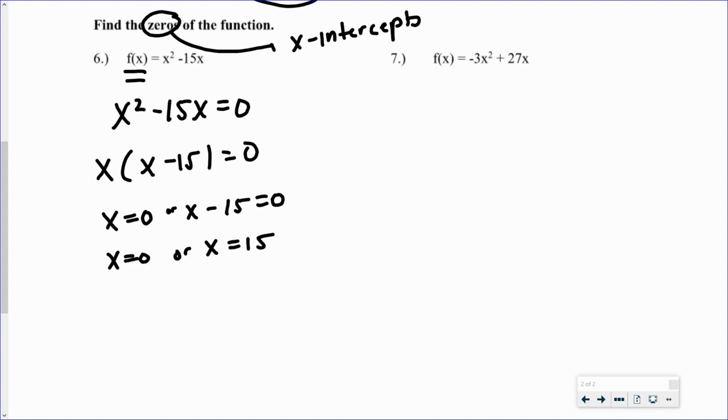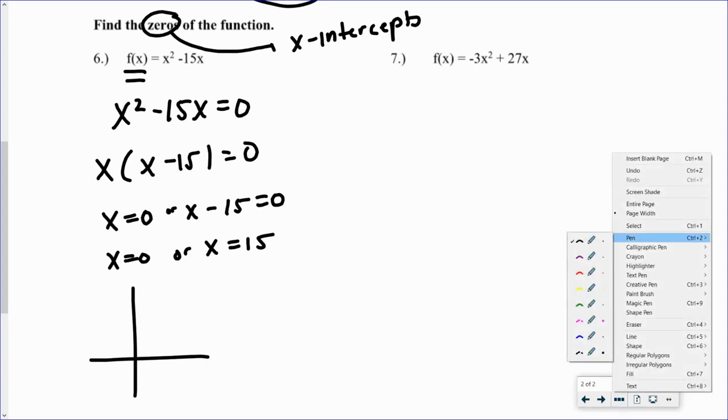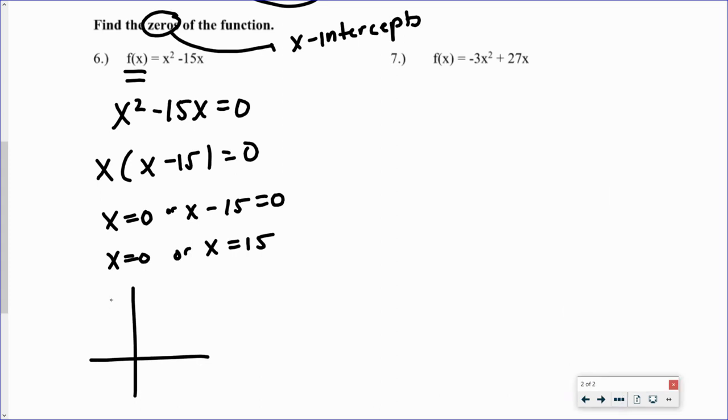If you were to graph this function, it's going to look roughly something like this. This isn't going to be exactly what it looks like, but if you didn't go ahead and graph it, this is what it will look like. Now, what you'll find is that one of the x-intercepts will have an x-coordinate of 0, and then one of the x-intercepts will have an x-coordinate of positive 15.